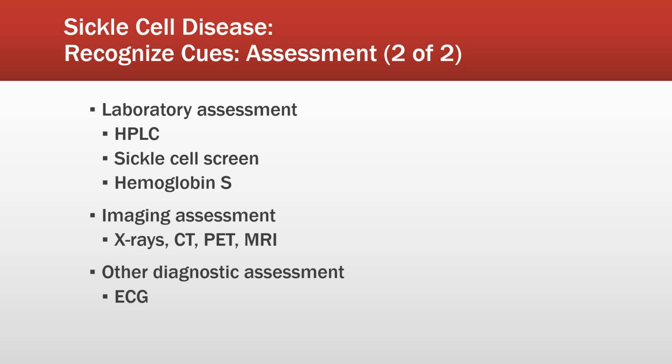Other types of diagnostics is your imaging. There's x-rays, CAT scans, PET scans, and MRIs. For example, a skull x-ray can show damage on the bone surface. It can also show organ changes.